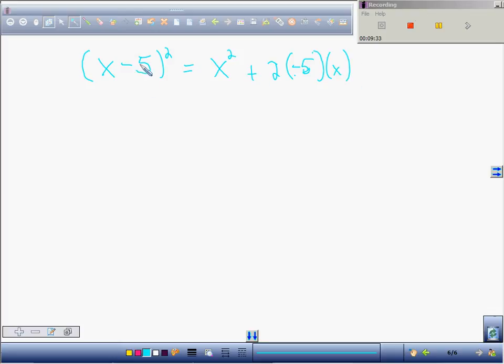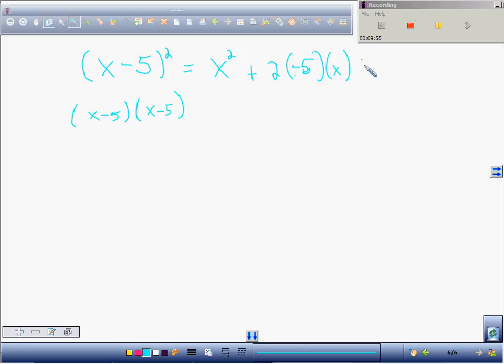If I FOIL this out, again, x minus 5 times x minus 5, you're going to have negative 5 times x twice. Okay? And then, what comes at the end? Squared. What squared?